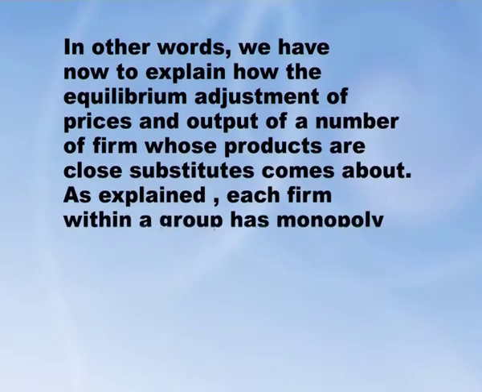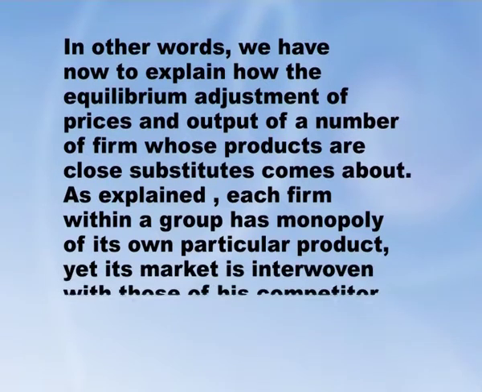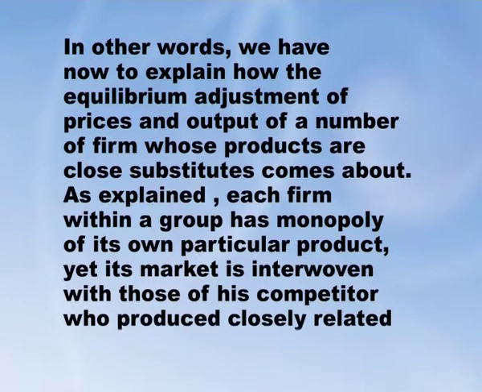As explained, each firm within a group has a monopoly of its own particular product, yet its market is interwoven with those of its competitors who produce closely related products. The interdependence of the various products upon one another is a prominent feature of monopolistic competition.